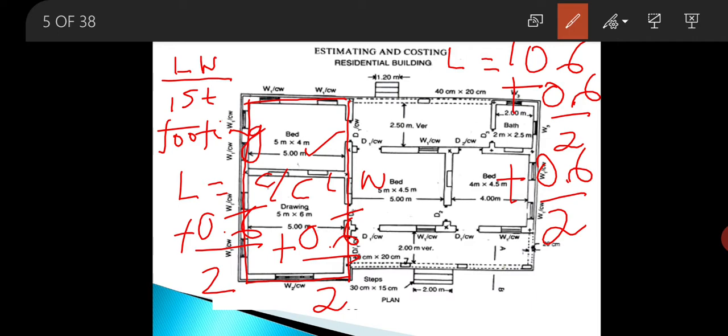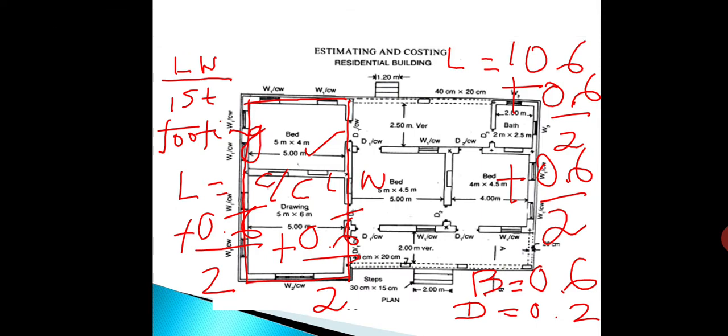Okay, this is our length. Then breadth of first footing, as we have seen, is 0.6, and the depth of the first footing is 0.2.